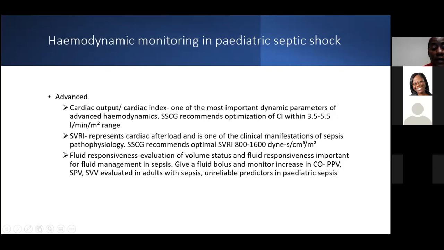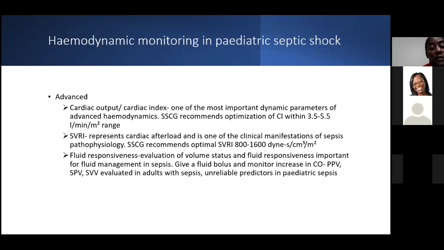And there are certain parameters that are measured. This is the pulse pressure variation, the systolic pressure variation, the stroke volume variation. And this has to be done, it's a bit advanced, when the patient has an arterial line in situ. The patient should be mechanically ventilated, and well sedated. These are parameters that are based on the physiology of the interaction between your heart and lungs, the so-called cardiopulmonary interaction, and the effect of positive pressure on your venous return and your hemodynamics.